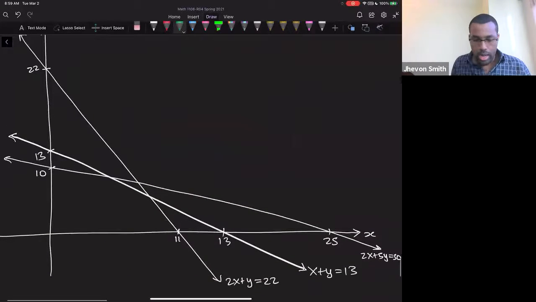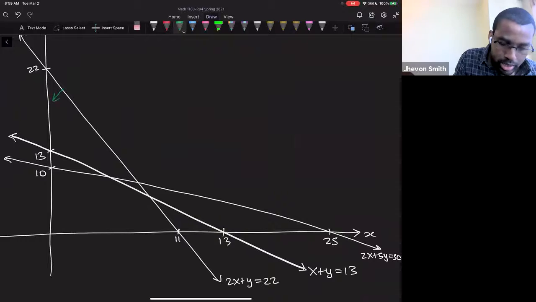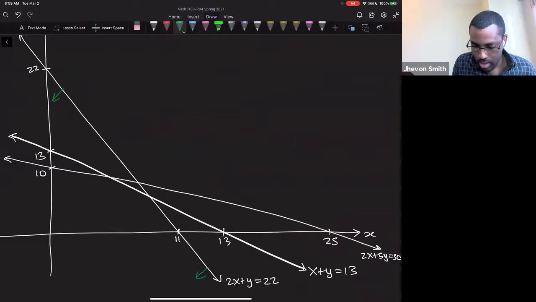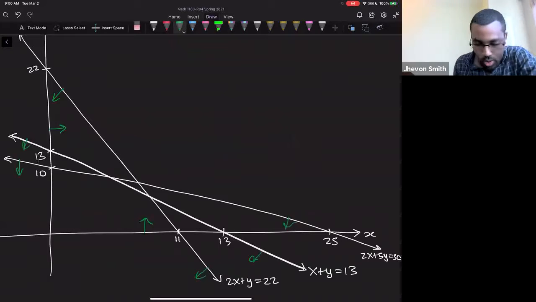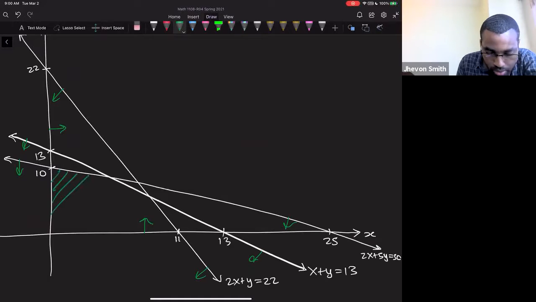So I need to be below this, below this, below this. I need to be below everyone, but I need to be to the right of this. I need to be above this. So what region is that? Below everything, but above that, that's this region right here.